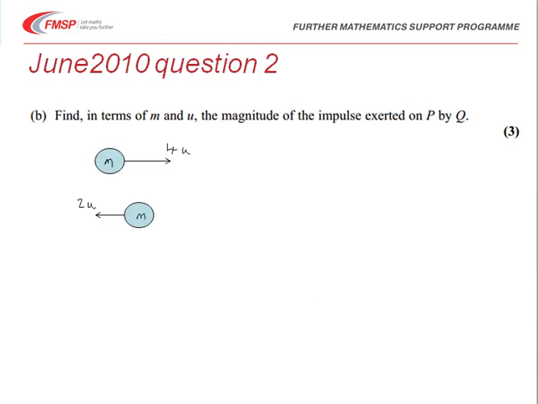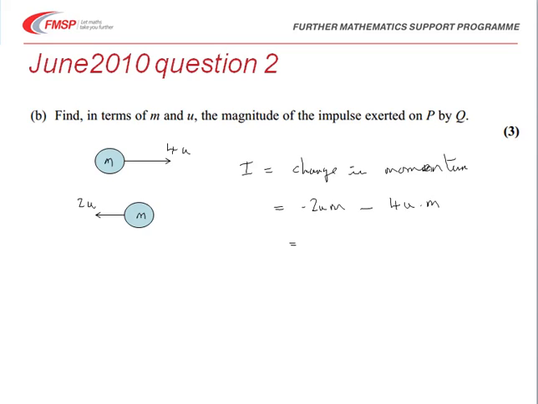In part B of the question, we're asked to look at the impulse that we have on P from Q, so that the impulse is equal to the change in momentum. So the impulse then is the final momentum, which is minus 2u multiplied by m, minus the initial momentum, which is 4u multiplied by m.